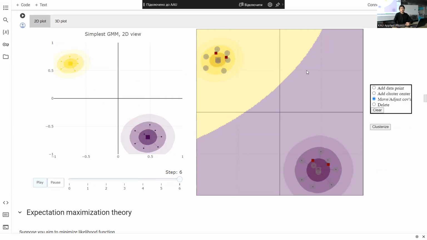Having that distribution, of course, we can perform some sort of clusterization problem or something like that. We can draw some line of separation between these distributions where one is higher or the other one is higher, and perform some sort of classification if you wish, and so on and so forth.